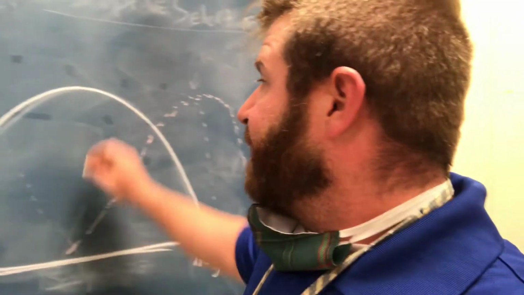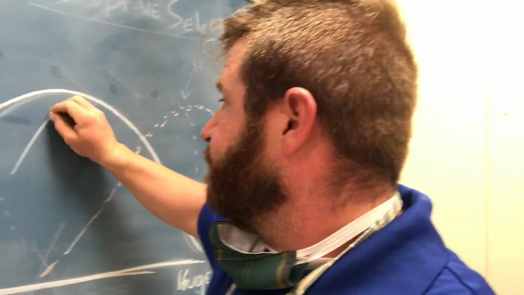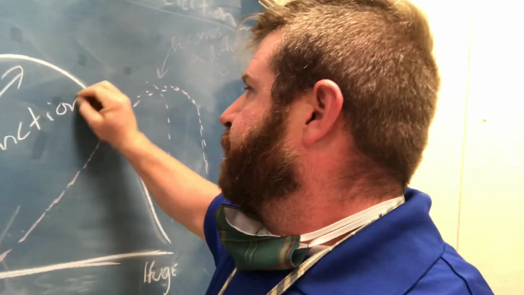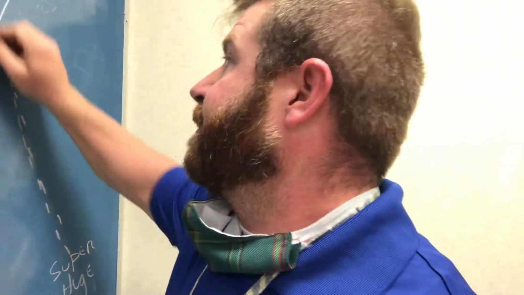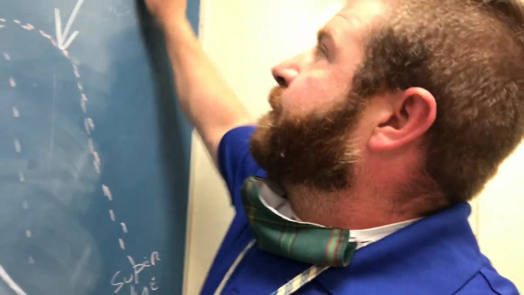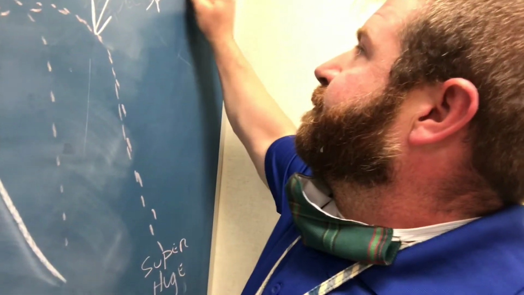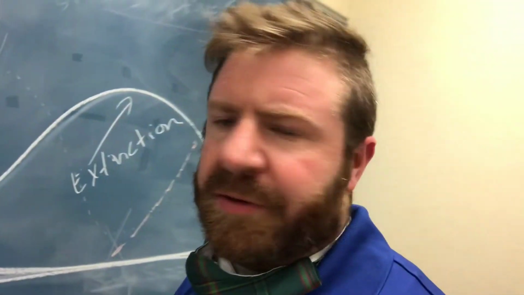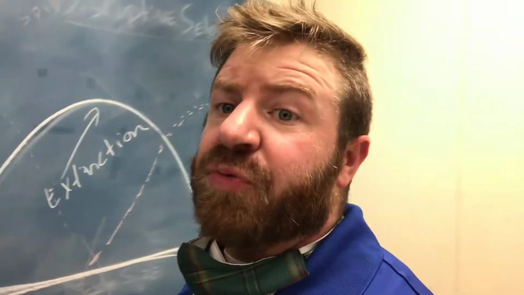In fact, the average wolf doesn't even exist anymore. This is going to be the extinction. And this is eventually going to become its own new species. It's not even a wolf anymore. It's some other thing. Monster. Wolf monster. Whatever. Okay? This is called directional selection.